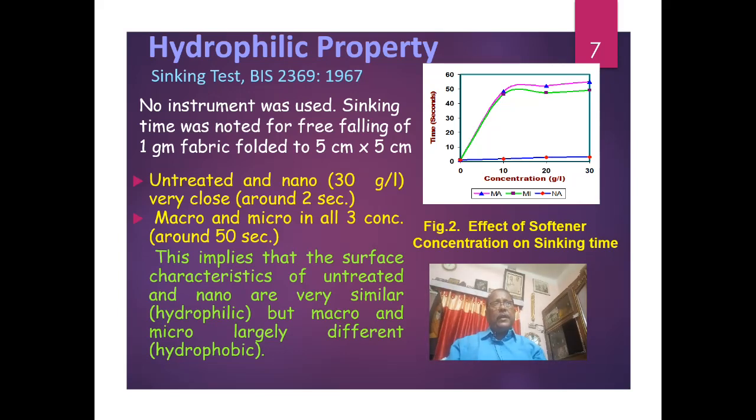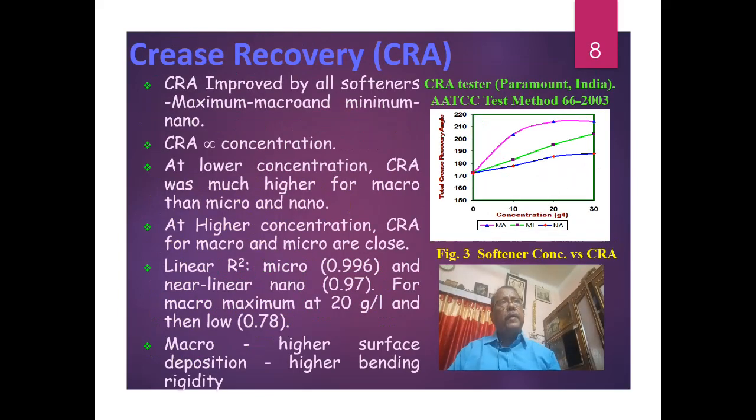The figure 2 shows the effect of softener concentration versus the sinking time for all three finished fabrics. The crease recovery test was according to AATCC method number 66 of the year 2003. In this method, the fabric is folded and kept under certain weight for a particular time, and then the weight is lifted and the angle at which the fabric recovers is noted.